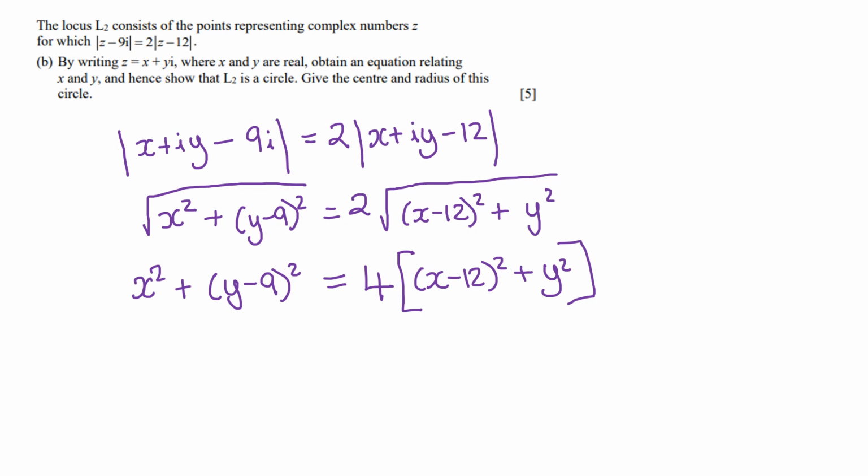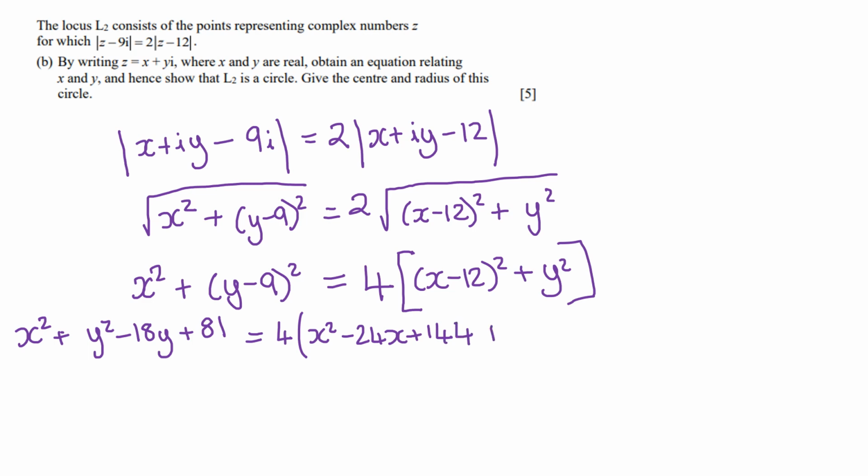Next, just a massive expansion now really. x squared plus y squared minus 18y plus 81 will equal 4 lots of x squared minus 24x plus 144 plus y squared.